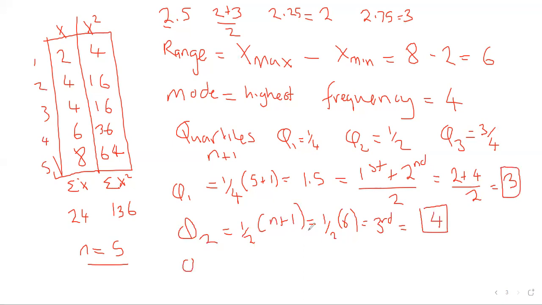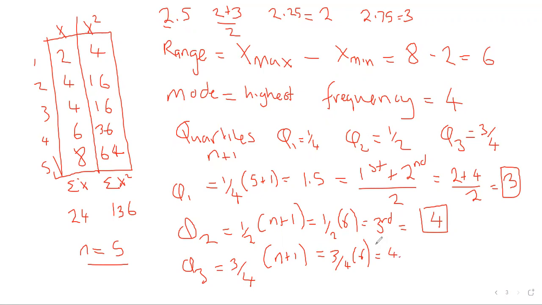Then we go to the third quartile, which is 3 quarters of n plus 1. So n plus 1 is 6. 3 quarters of 6, what do we find? 4.5.